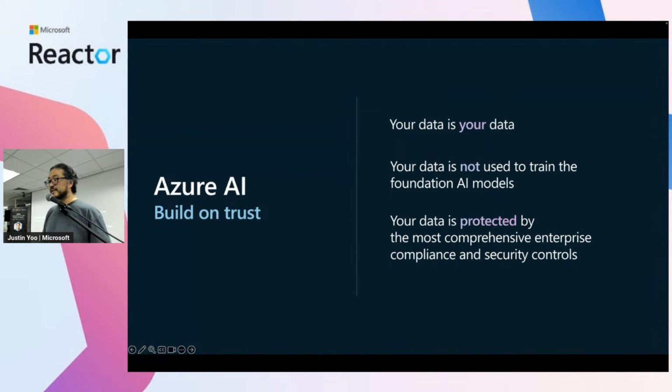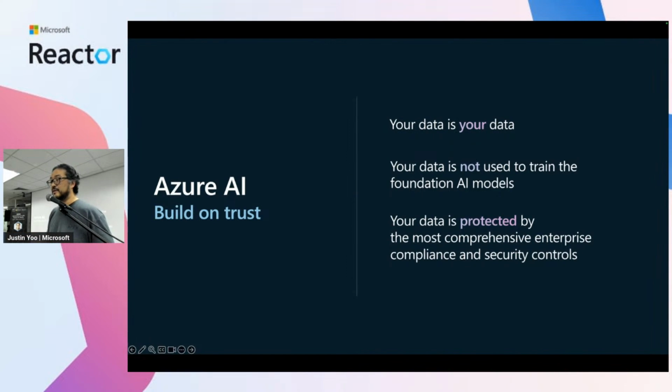So when you fine tune a model with the Azure OpenAI service, the weights of the fine tuned model stay in their subscription. And we at Microsoft are not able to see them because they are encrypted at rest.